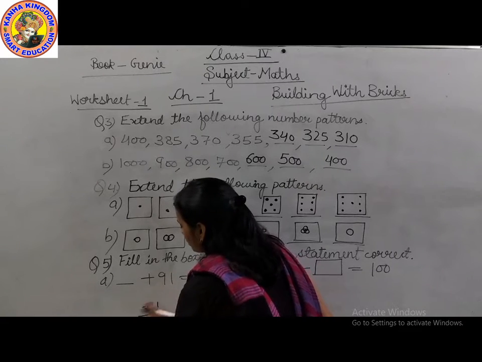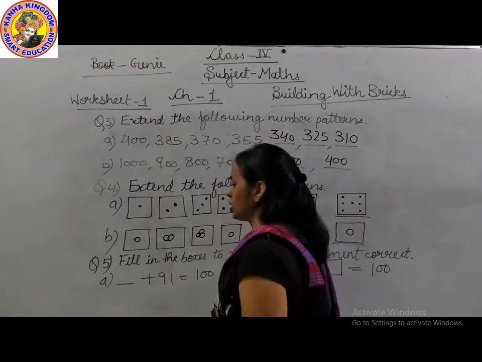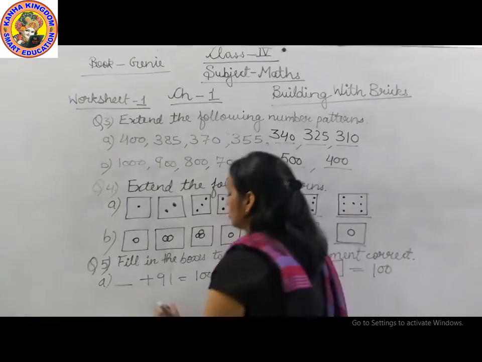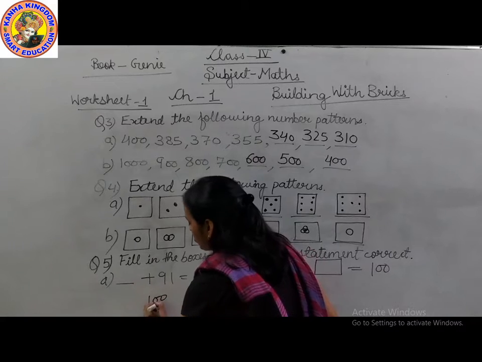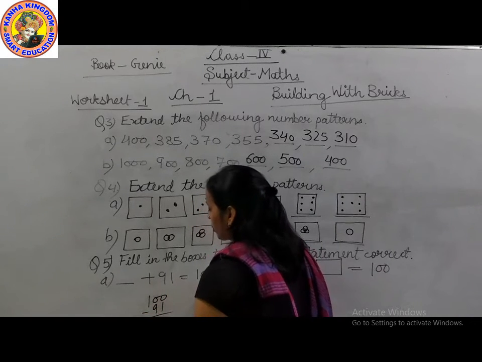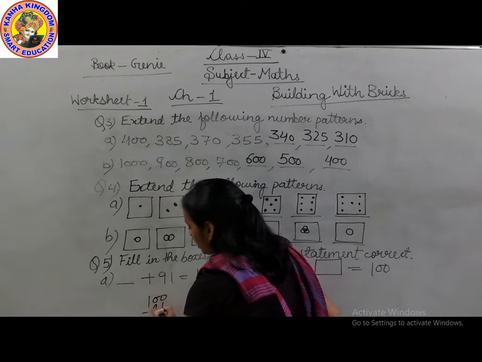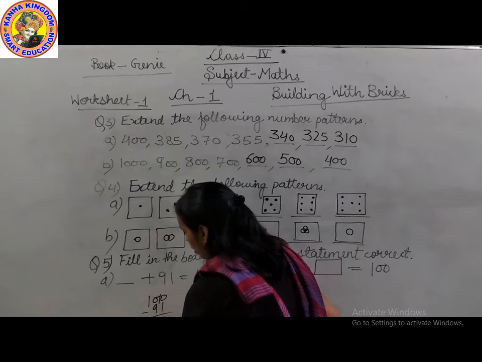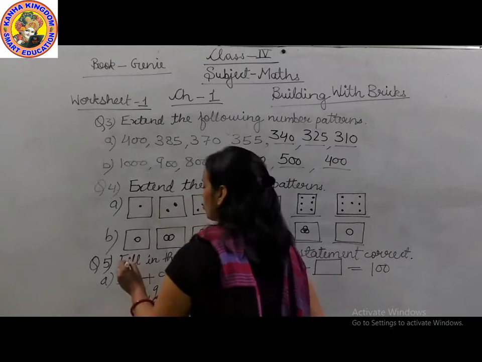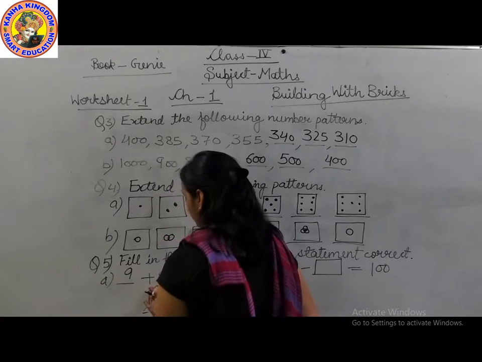We have to add how much? This is the simple pattern. We subtract 91 from 100 to get the answer. 10 minus 1, 9. 9 minus 9, 0. So we fill here 9.